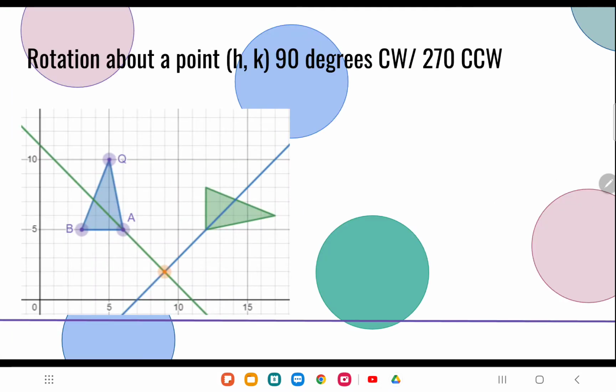Rotation about a point H, K 90 degrees clockwise or 270 degrees counterclockwise would look like this. You'll notice that this point is located not at the origin, but instead at the point 9, 2.